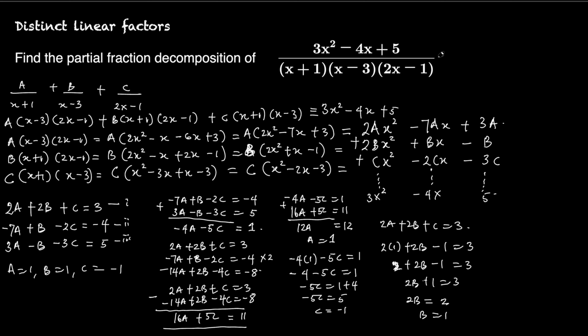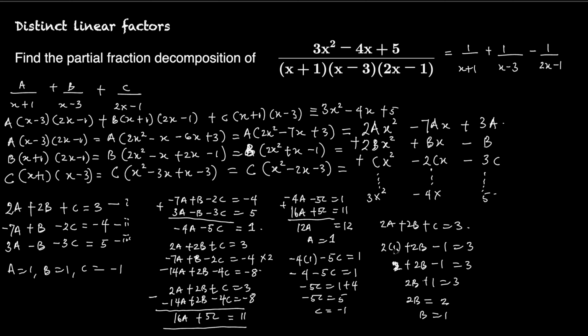So this single fraction can be decomposed as a, which is 1, over x plus 1, plus b is 1, so 1 over x minus 3, and c is -1, so we have minus 1 over 2x minus 1.